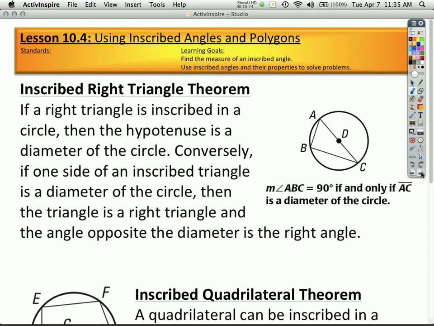If you have a triangle inscribed in a circle and the hypotenuse is the diameter, then the triangle must be a right triangle. The converse is also true. If you have a right triangle inscribed in a circle, then the hypotenuse must be a diameter. You can see it written as a biconditional.